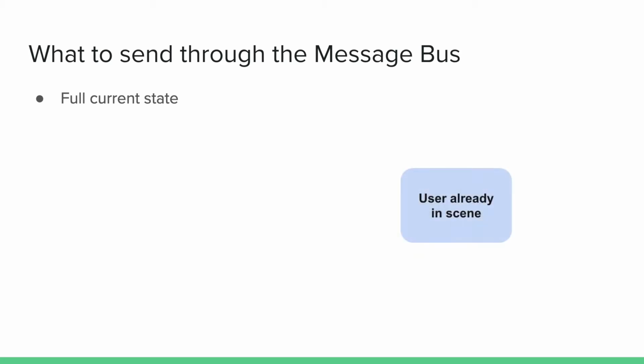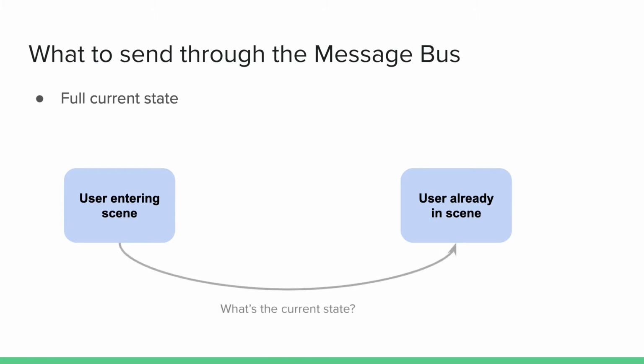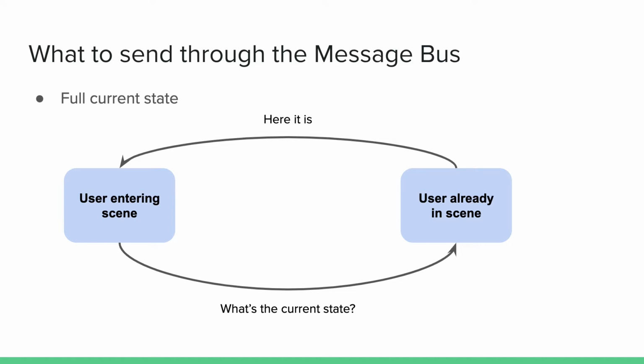So let's see exactly how it would be. Let's say I have a user that's already in the scene, and a new user enters the same scene. Using the message bus, it will ask everybody else what the current state is, and then the users that are already in the scene will let them know what the state is.